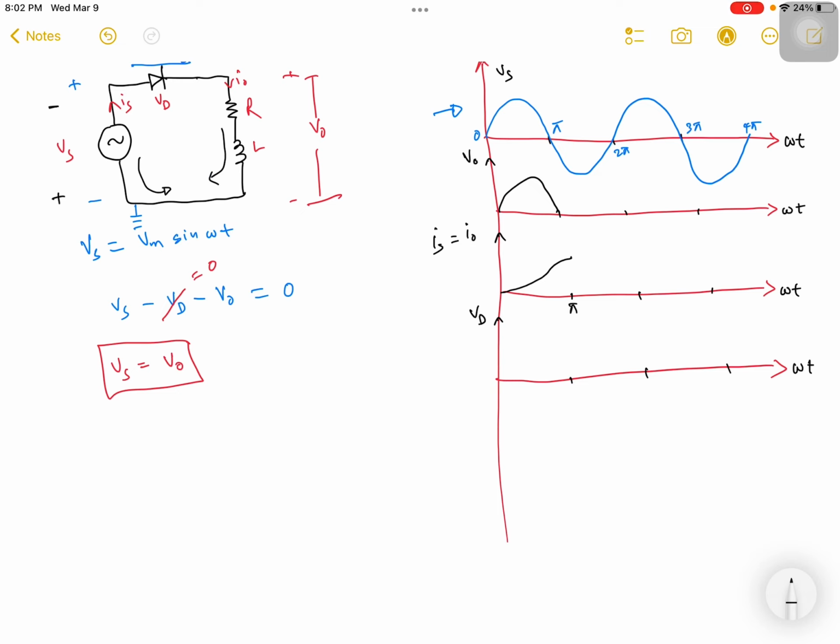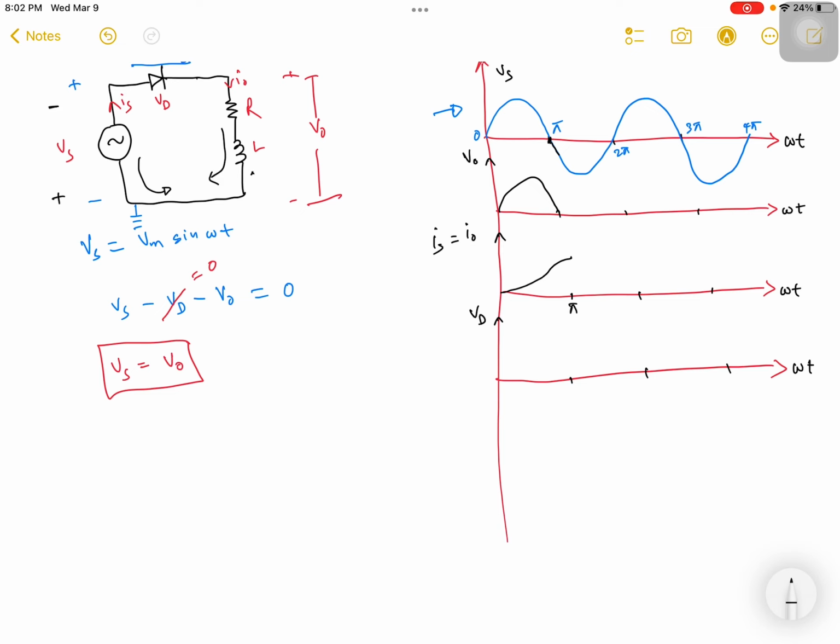And again, if you look at the magnitude at the instant pi, your supply voltage or the input voltage is 0. And because it is sinusoidal in nature, it is increasing gradually. So during that time, the voltage from the energy stored in the inductor will be more than the supply voltage.